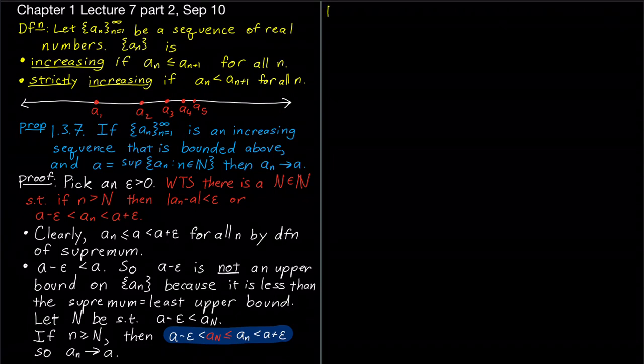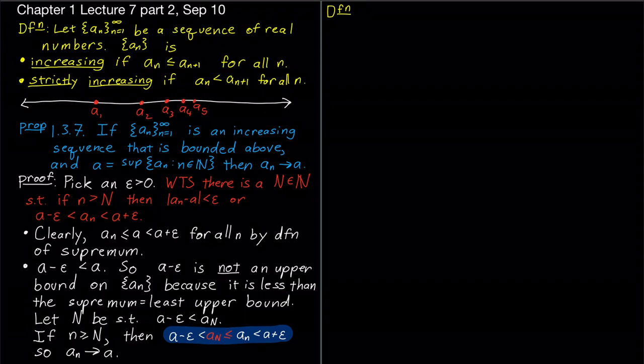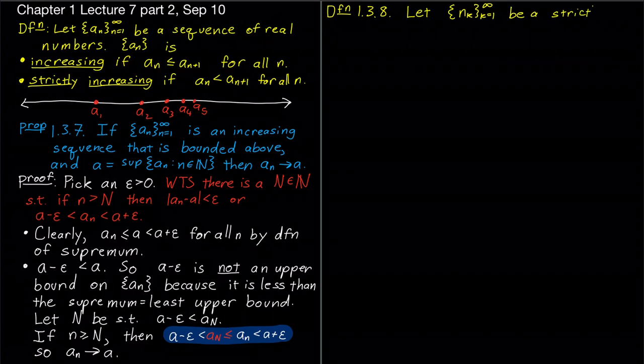All right. I think we've got time for one more topic in this video. This is definition 1.3.8. And here we're going to talk about subsequences. So let's suppose we've got a strictly increasing sequence of natural numbers.